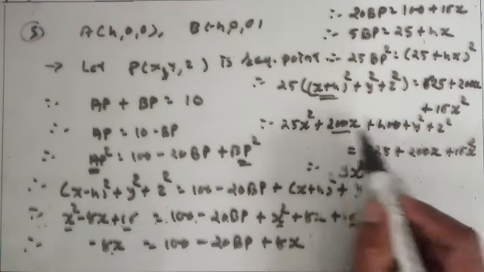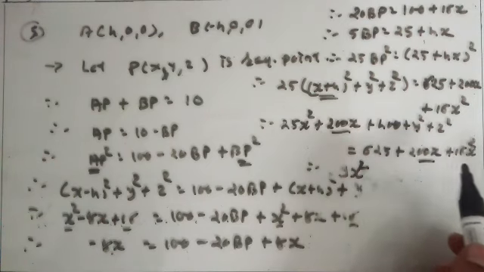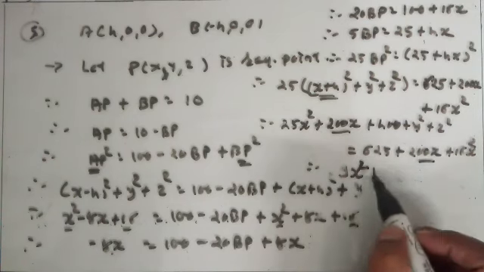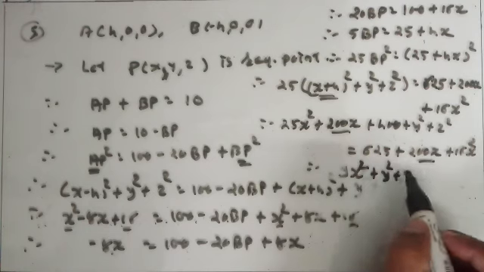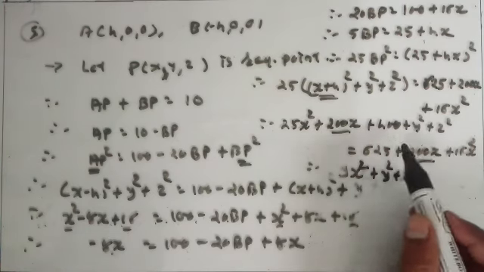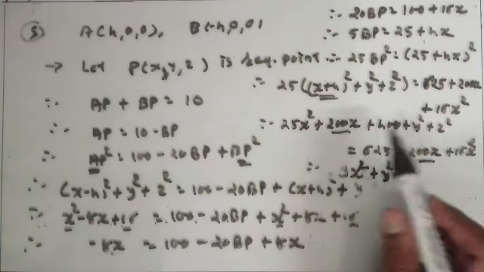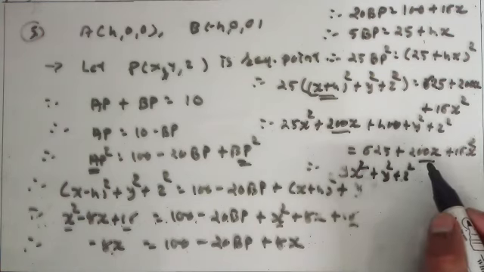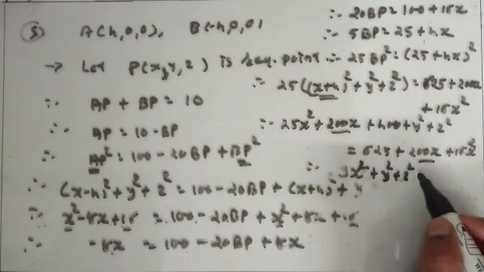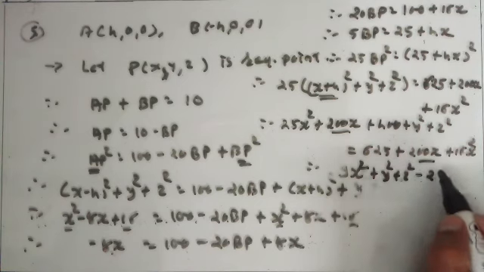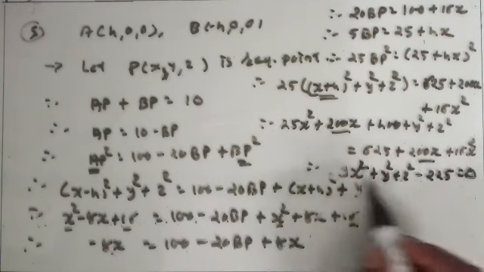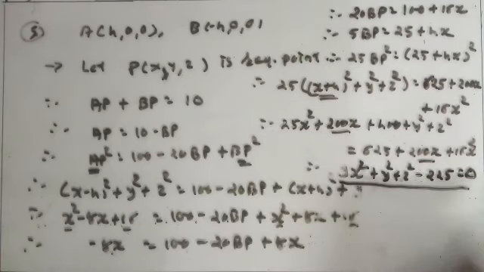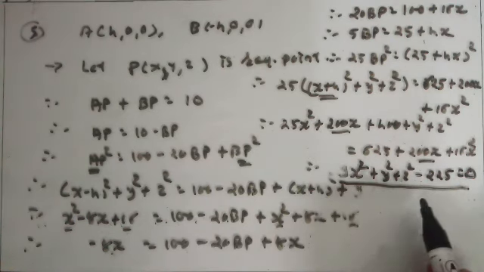Here 200x cancels, plus 25y square plus 25z square, and 625 taken to this side, so minus 625 plus 400 becomes minus 225 is equal to 0. This becomes the equation of the required points. Clear? So this is the equation.